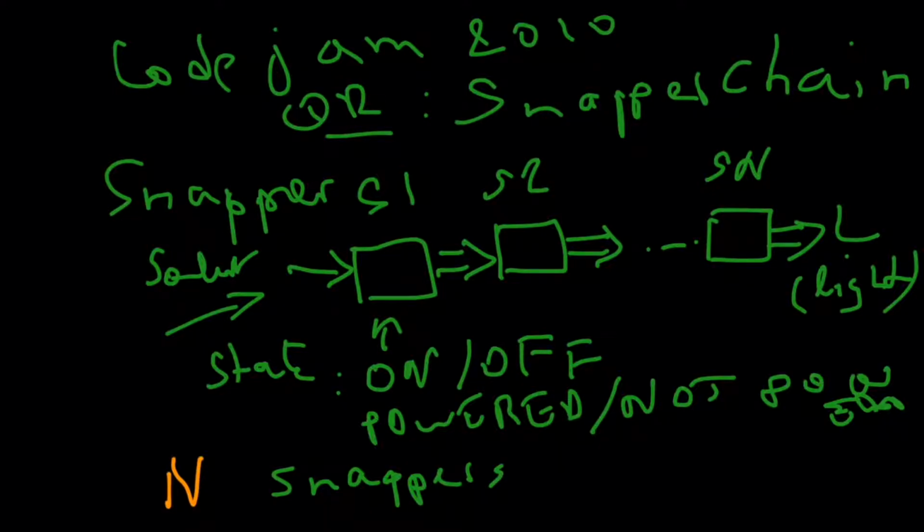The light is plugged into the nth snapper, as I said. And the initial state is that all these snappers are off. So their state is off, all of them, at the initial step.